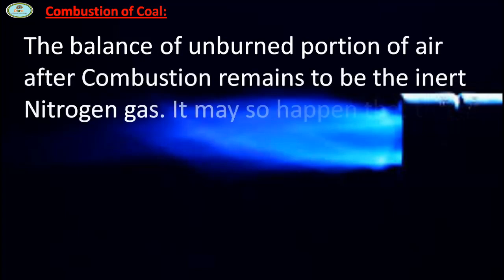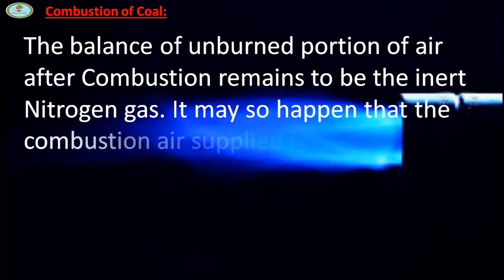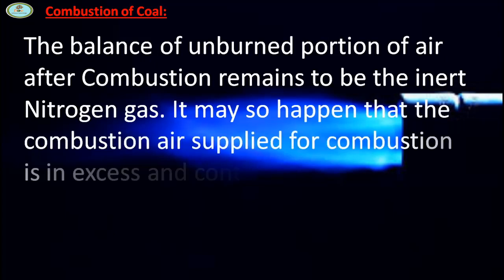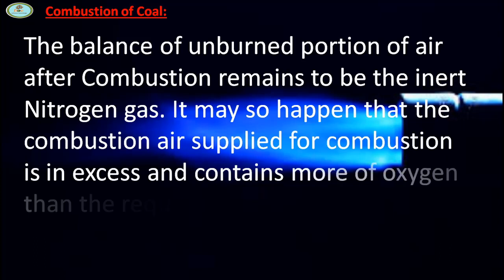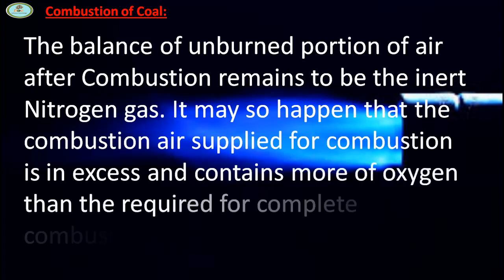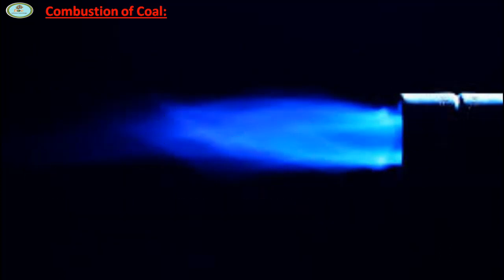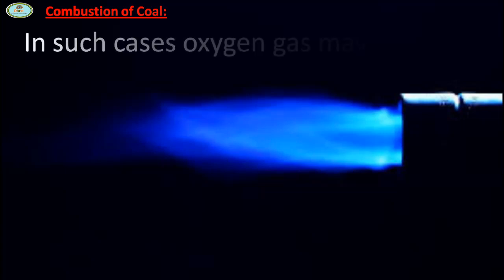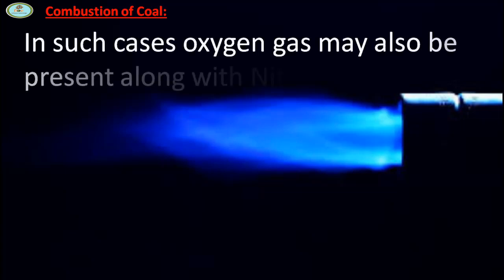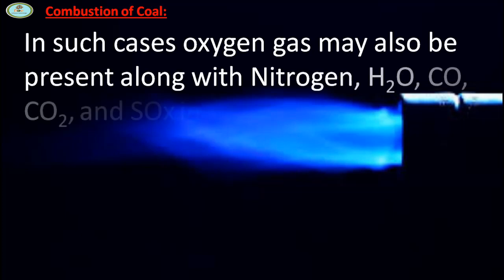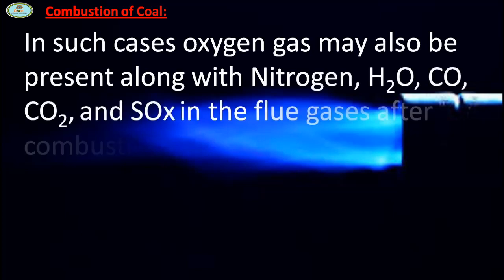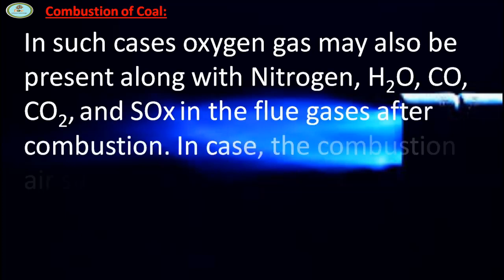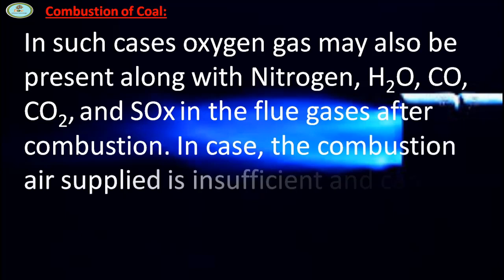It may so happen that the combustion air supplied is in excess and contains more oxygen than required for complete combustion. In such cases, oxygen gas may also be present along with nitrogen, water, carbon monoxide, carbon dioxide and sulfur dioxide in the flue gas after combustion.